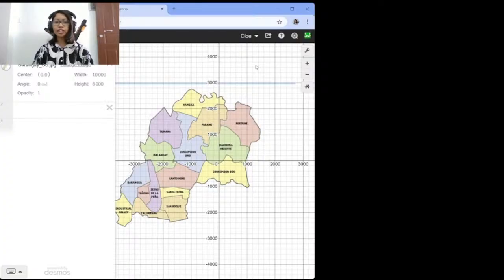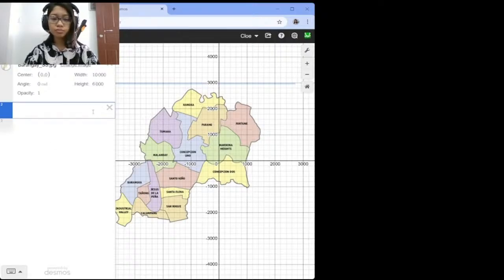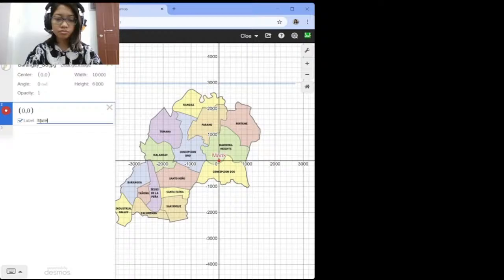Let's plot the coordinates of Marikina City as a point of origin. And then Malanday.